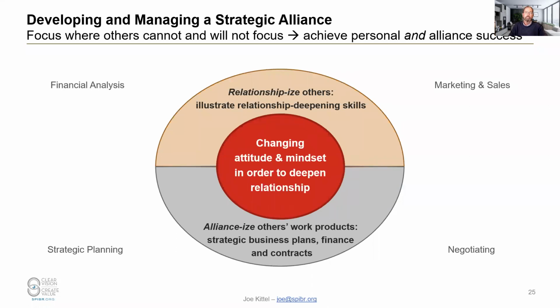This slide does simplify the previous slide. It provides a target. The bullseye is changing attitude and mindset in order to deepen relationship. Surrounding that bullseye is relationship-ize the people and alliance-ize their work products.